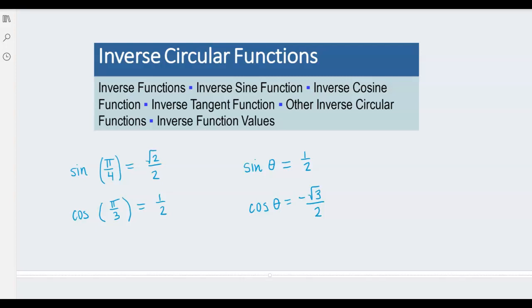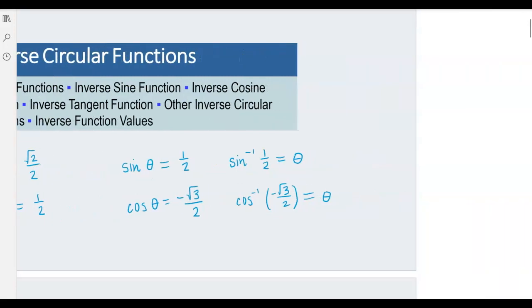The notation that we use is with a little -1 written up as an exponent. And then we're going to try to extract what the angle is. We put the value of the cosine, and we'll give back what the angle is.